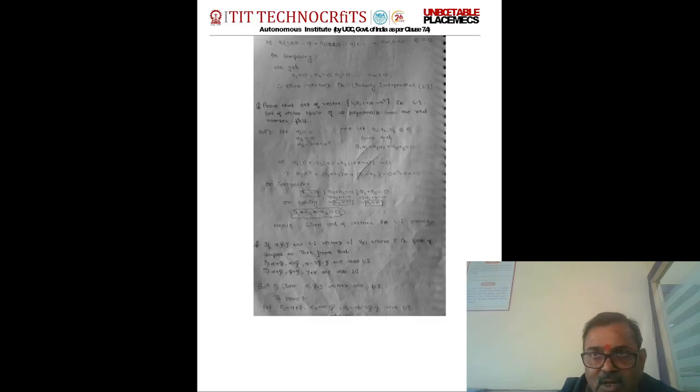Now here we let three elements of the field be a1, a2, a3. Now applying the condition a1 alpha 1 plus a2 alpha 2 plus a3 alpha 3 equal to 0, I put the values of alpha 1, alpha 2, alpha 3 in this condition. So we get a1 into 1 plus a2 into x plus a3 into 1 plus x square equal to 0.